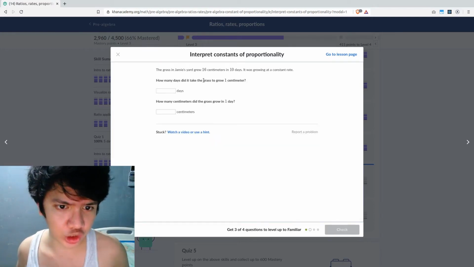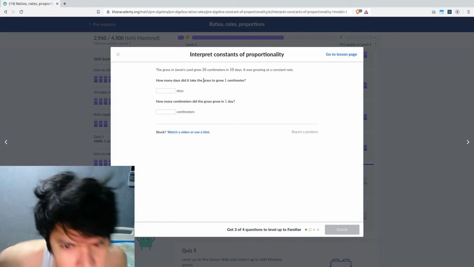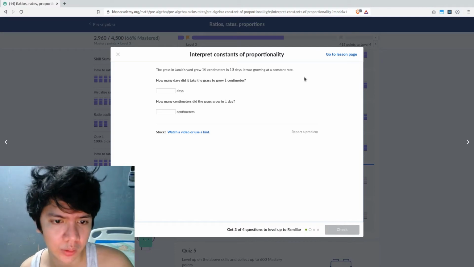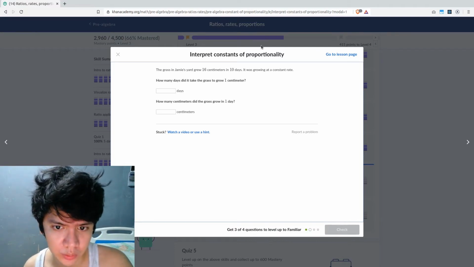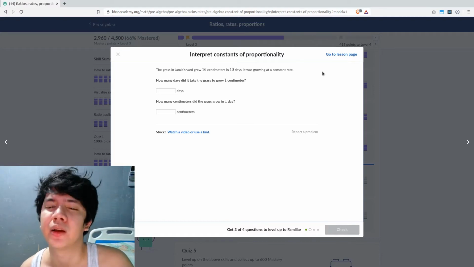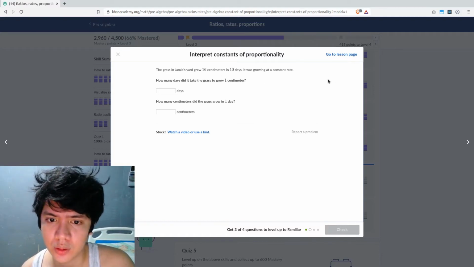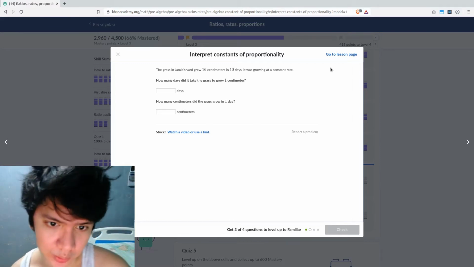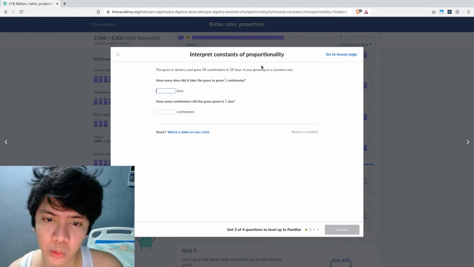The grass in Jane's yard grew 16 centimeters in 10 days. Constant rate. Oh my god, how do I? In 10 days, to grow 1 centimeter.